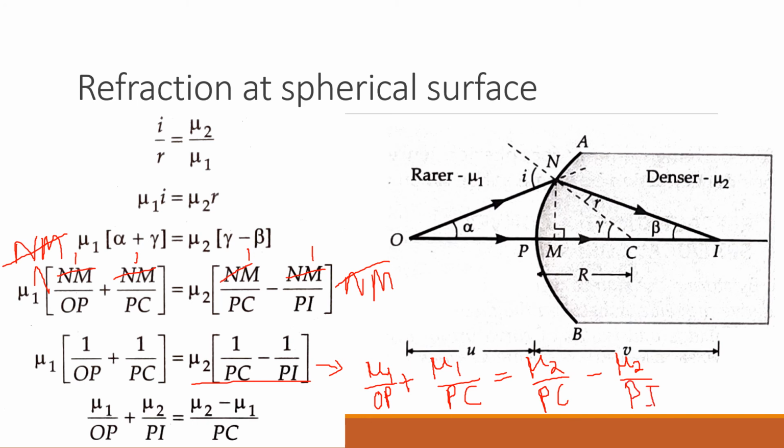Fine. So now I'll write this mu1 by OP and mu2 by Pi together. I'll send it to the left hand side, so with the negative sign: mu1 by OP plus mu2 by Pi.